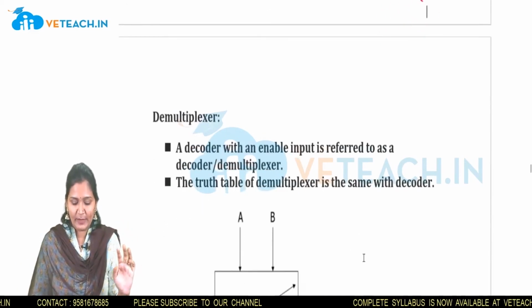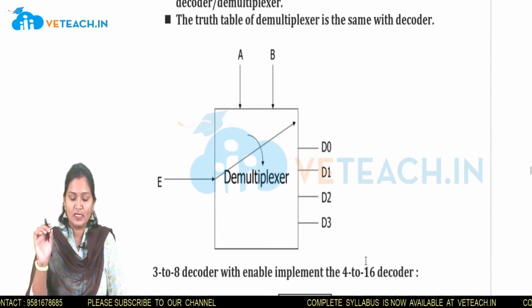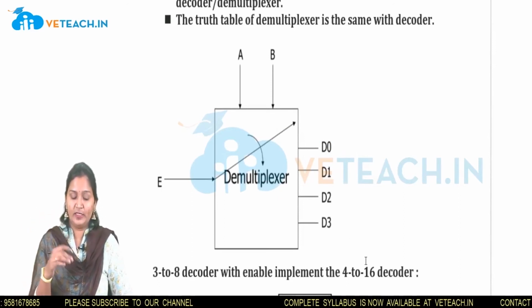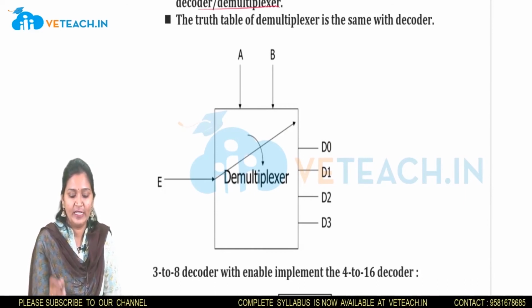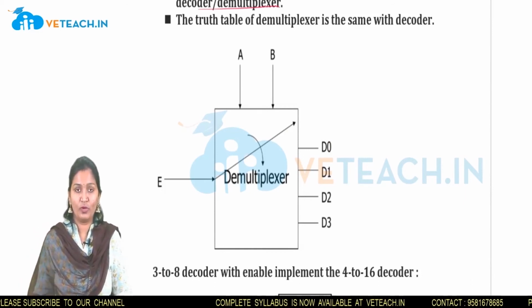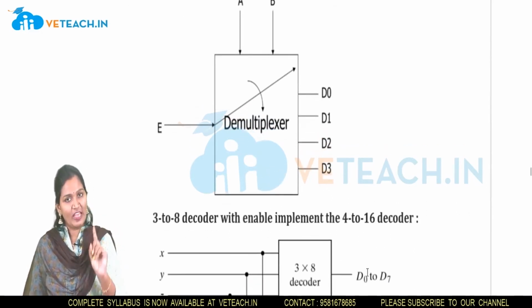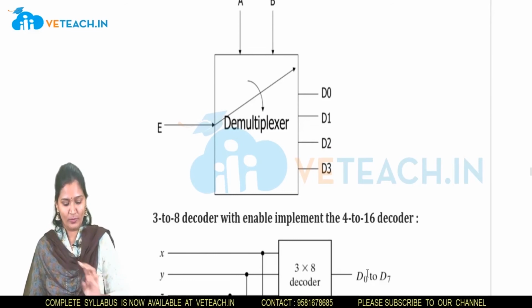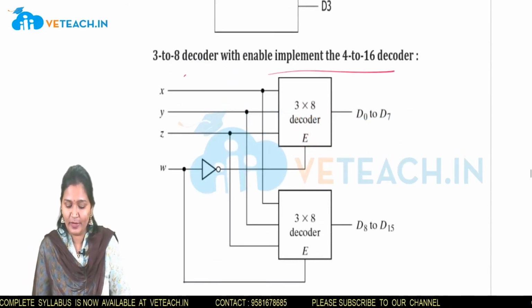Next one is the De-Multiplexer. See, De-Multiplexer and decoder have a slight relation between them. See, a decoder with an enable input is referred to as a De-Multiplexer, okay. De-Multiplexer means we have 1 input and we will get 4 outputs. See here, 3 to 8 decoder with enable implements 4:16.